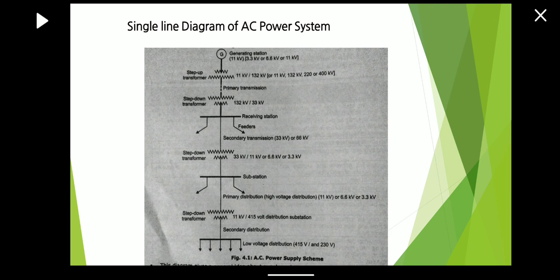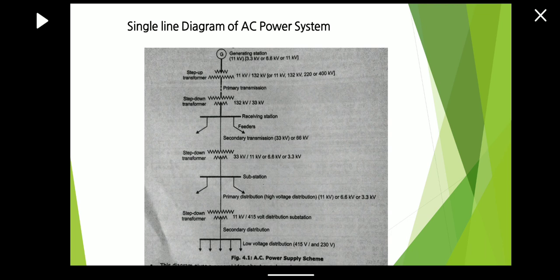In this figure, the standard transmission lines are 132 kV, 220 kV or 400 kV. So let's see one by one. First is primary transmission.